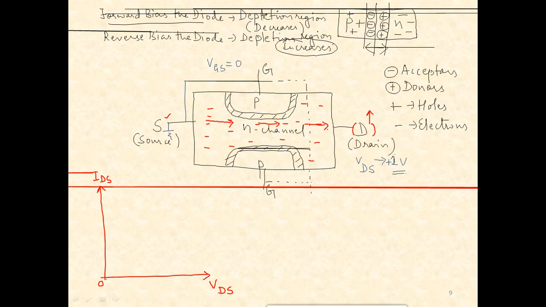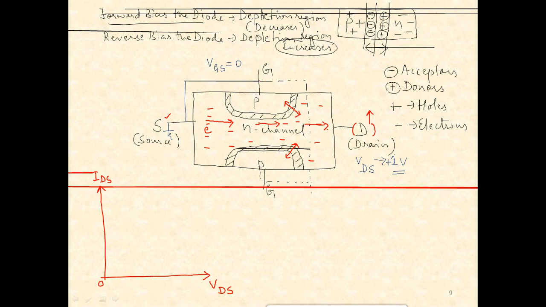Okay, so initially as I am applying the drain potential, due to the force, electrons will move from source to the drain. Okay, however, what will be the condition between these regions? Let us try to understand.